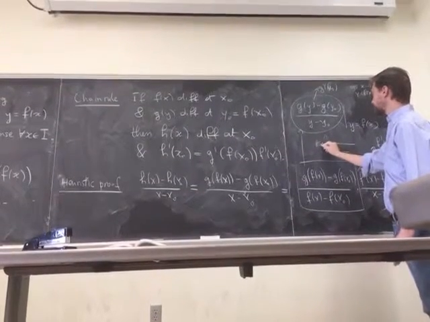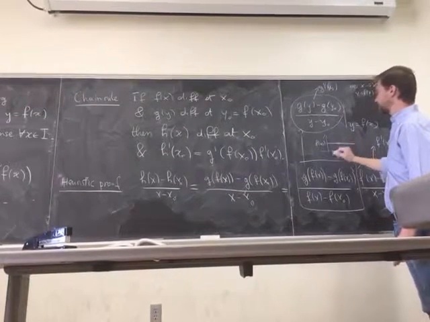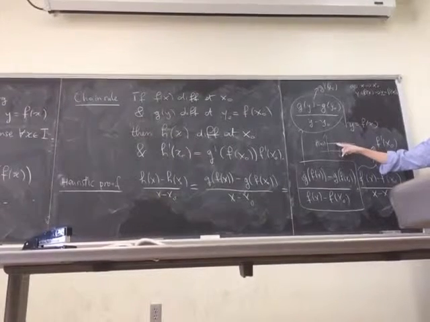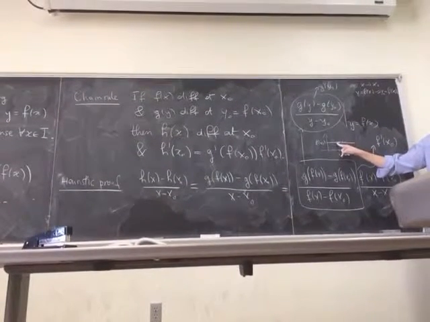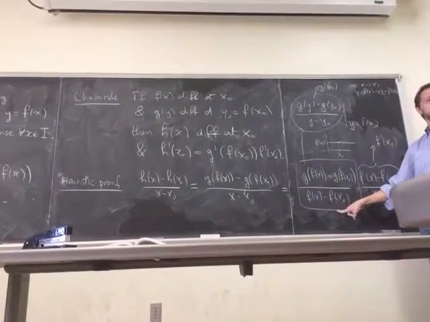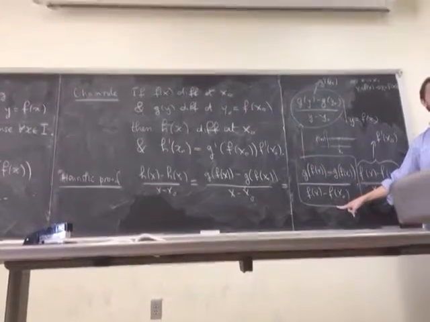If my function oscillates many, many times around f of x naught, then when I write this thing, I will have many, many points where this is actually 0, and I cannot divide.